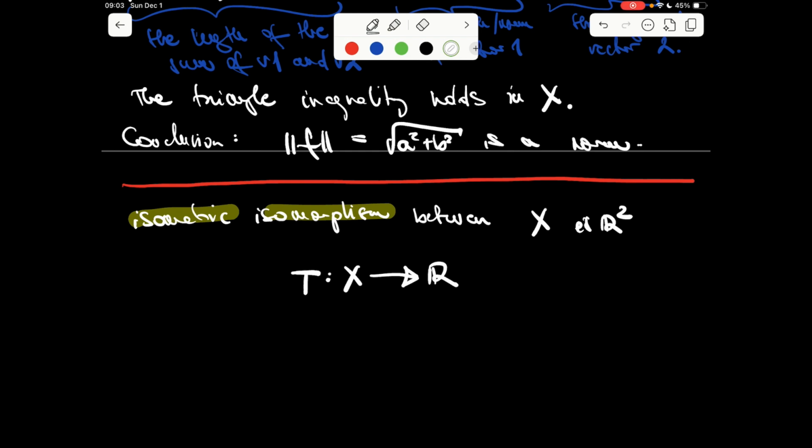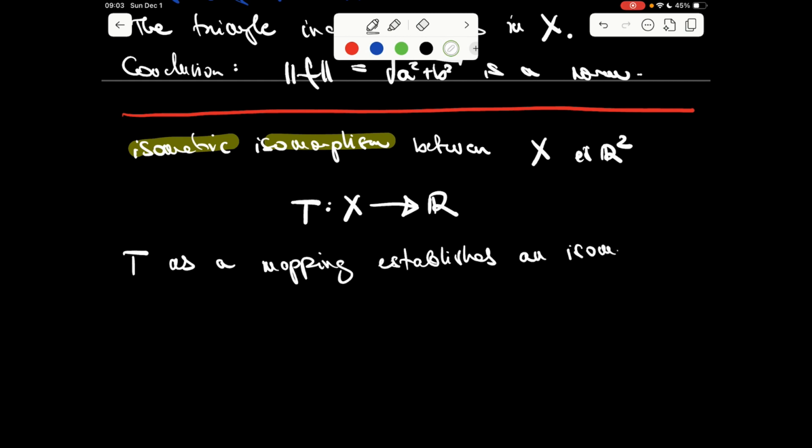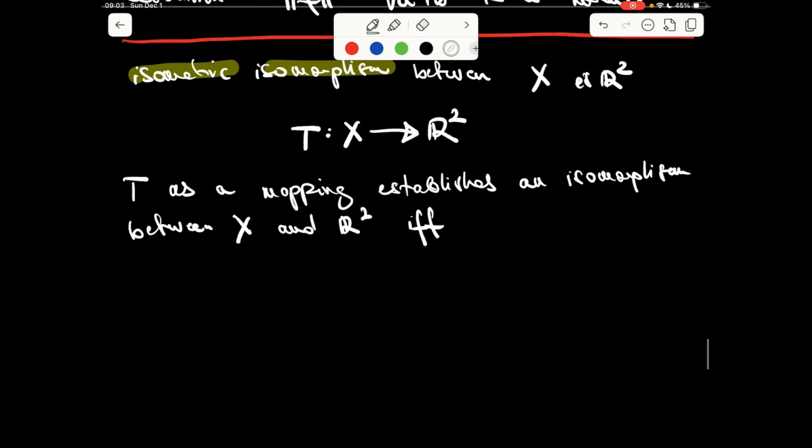The mapping T establishes an isomorphism between X and R squared if and only if T has three properties.